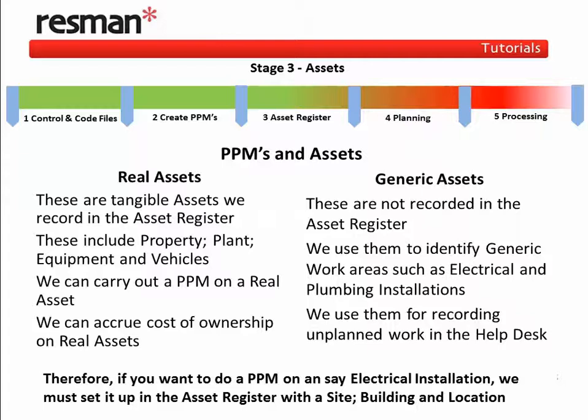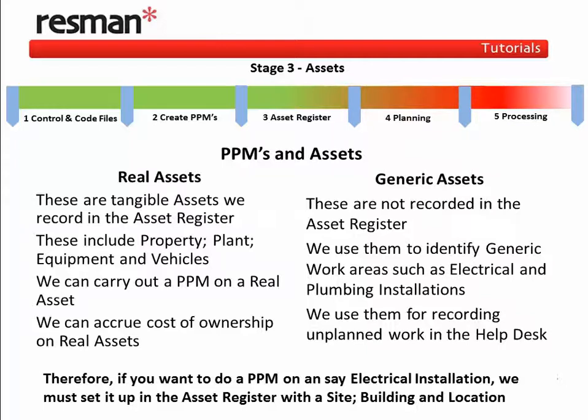Although we refer to a generic asset, it is best described as a potential work area such as plumbing or electrical installations. But by setting them up as generic assets, we can have them appear in every combination of a site, building and location, but without having to set up each one in the asset register, and therefore that reduces the register size.